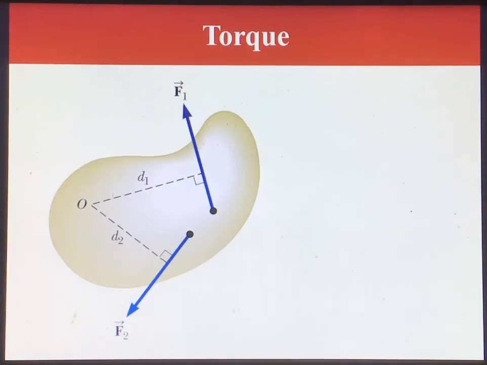All right. Now, generally, there are two types of torques. Suppose that we have an object here, and there are two forces acting on it. There is F1 acting in some direction, and there is F2 acting in some direction as well. And let this point be the point where the object is going to rotate.